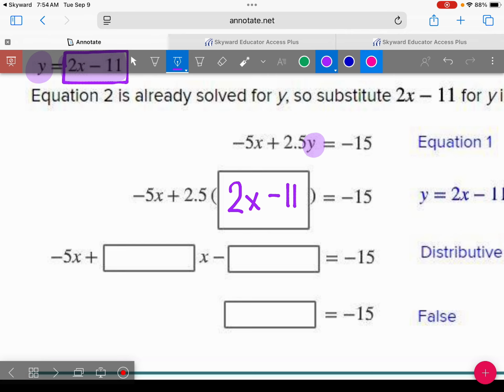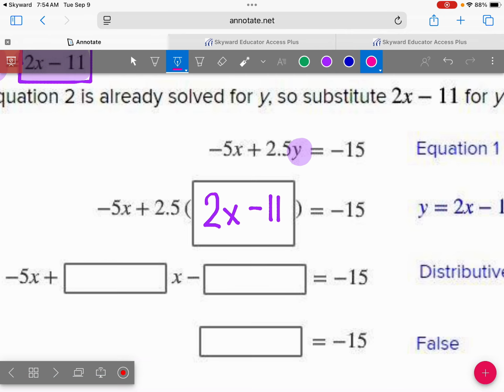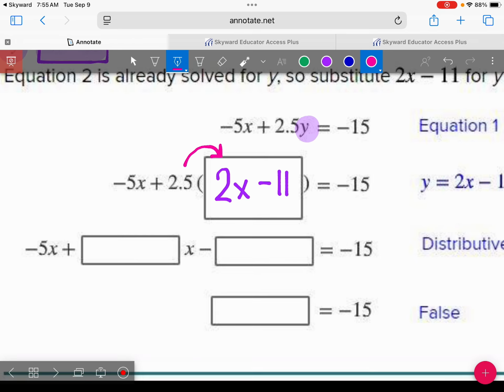Then what we can do is we're going to do our distribution. Even though it's decimals, we can do that. It's not pleasant, but it's a thing. 2.5 times 2 is going to give us our 5x. They already have the x written right here. It's just really hard to see.